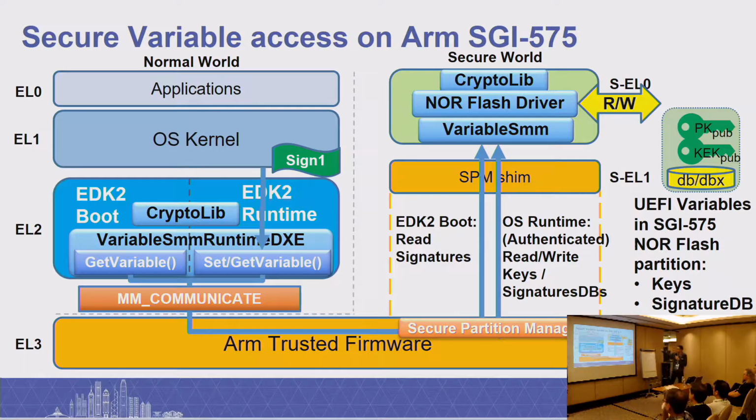So at that point, again, the variable SMM module will interact with the NOR flash driver in order to access our poor flash partition in the 575s, because we don't have a proper secure storage medium. So that's the way we see the read and write case happening from the normal world, invoking a secure service into the secure world, running in a secure partition as a standalone MM.